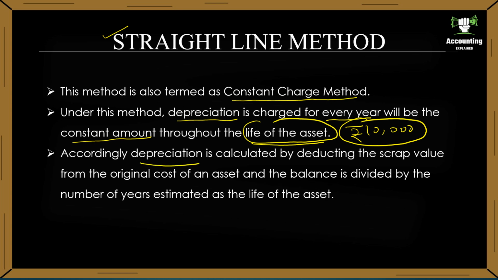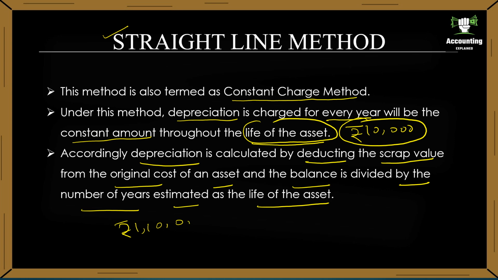Accordingly, depreciation is calculated by deducting the scrap value from the original cost of an asset, and the balance is divided by the number of years estimated as the life of the asset. Suppose you have bought the asset for 1,10,000 rupees, and the scrap value is the value you will get at the end of the life of the asset when you sell it.